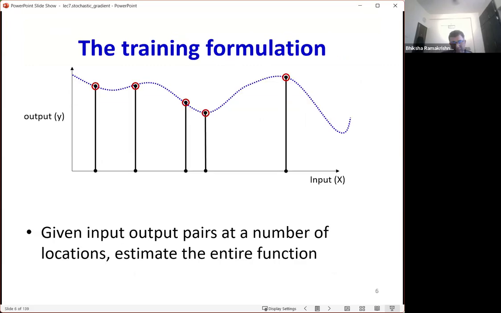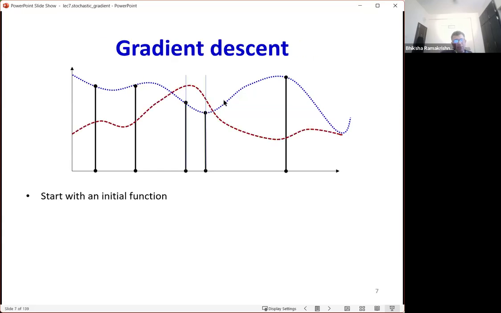So when we train a network, here's the problem as we pose it. You're given a bunch of training points, and at each of these training points, you're given the value of the function that you want to compute. Then, once you set up your network, your initial value of the network parameters gives you some function.